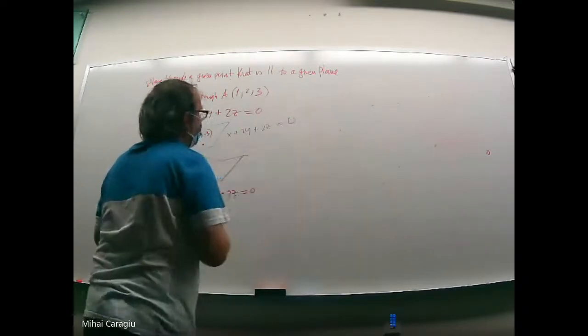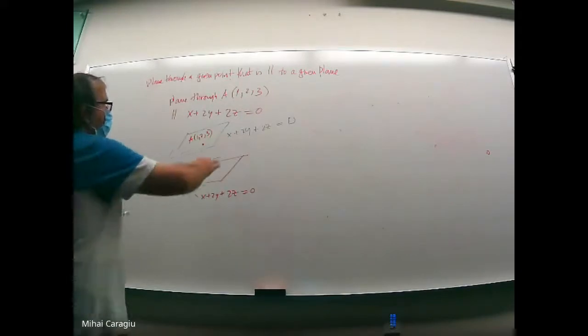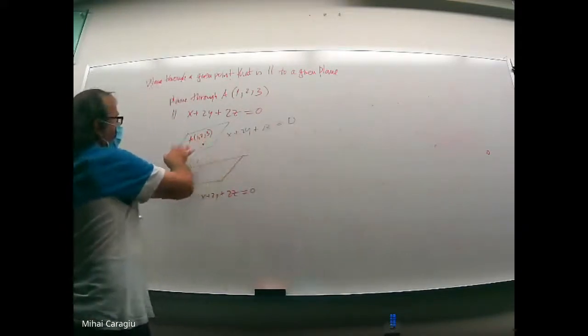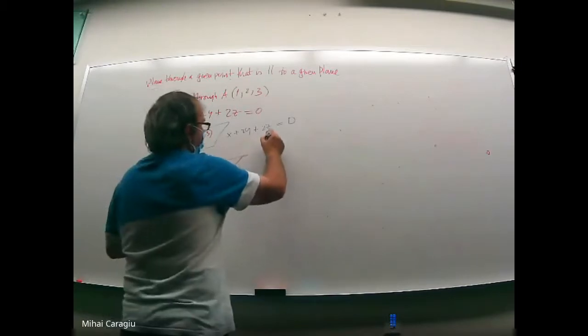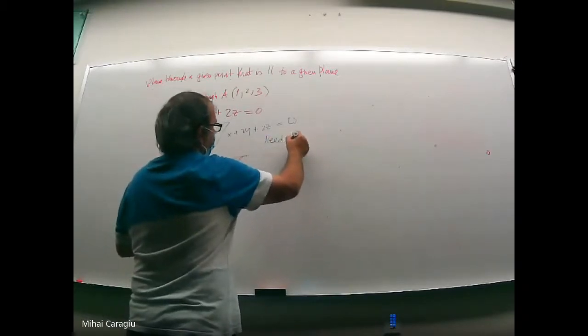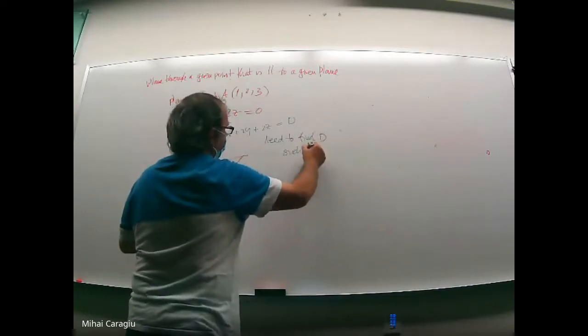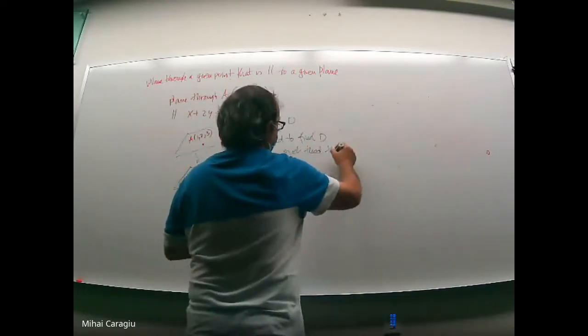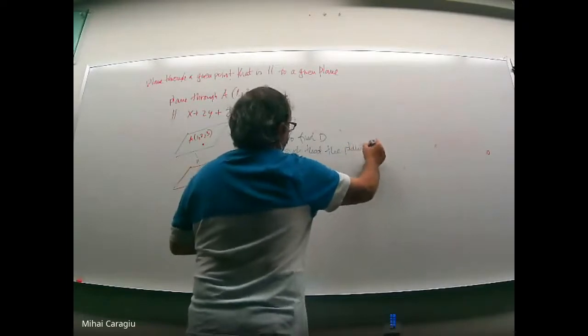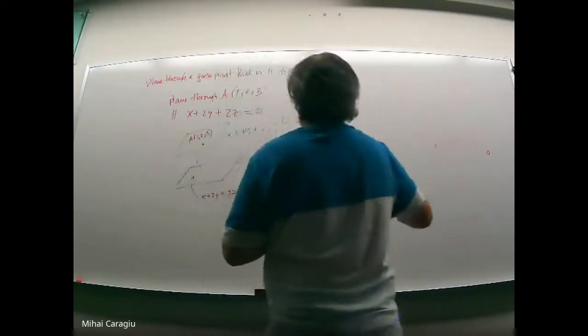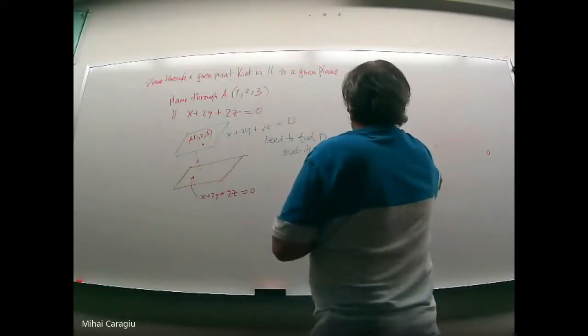We have to find the constant d such that this plane contains the point 1, 2, 3. So we need to find d such that the plane x plus 2y plus 2z equals d.